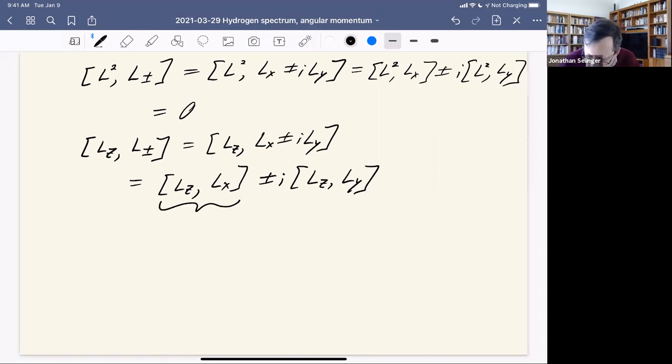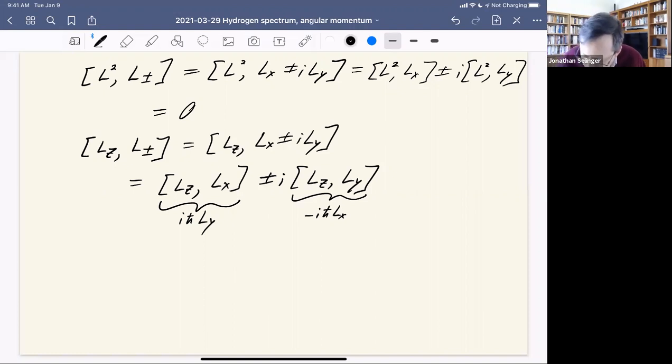Now this thing is I H bar Ly. This thing is negative I H bar Lx.